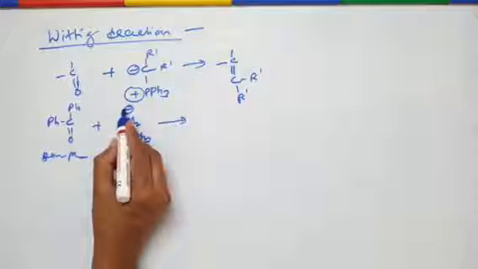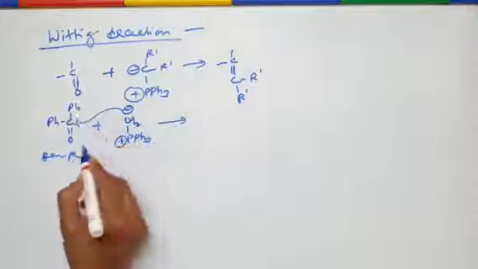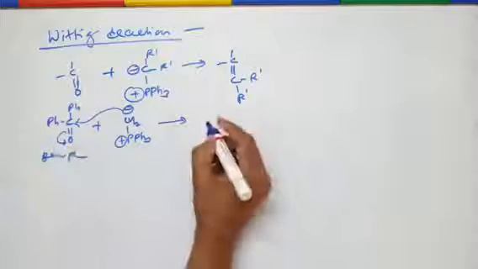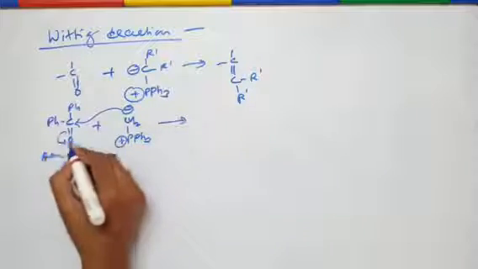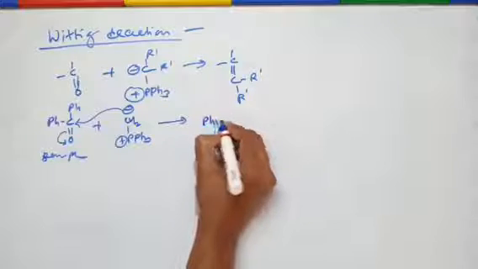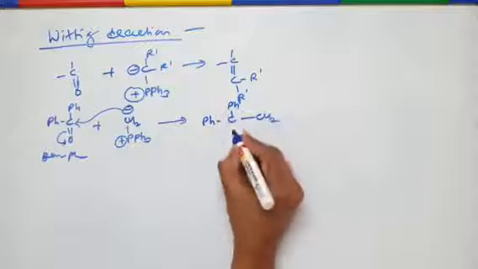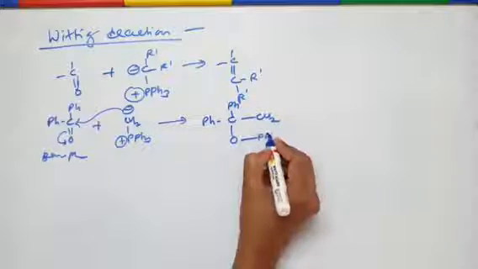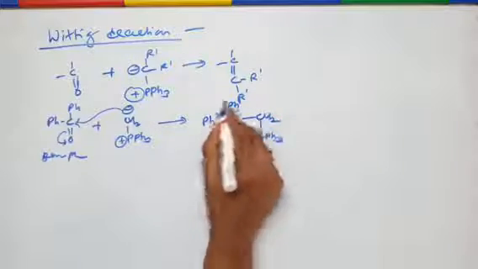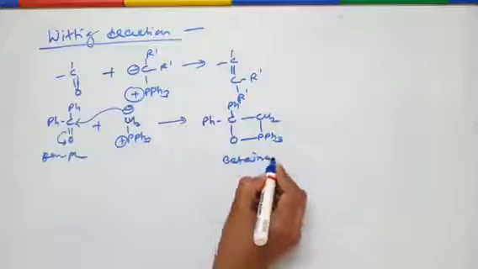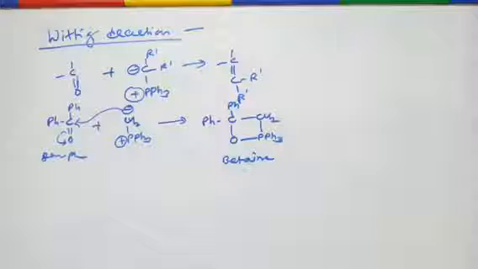This carbanion forms a bond with this delta positive carbon, while this phosphorus is electropositive, therefore it forms a bond with the oxygen. So we get the betaine ring formation. O forms a bond with the PPh3, and this four-membered cyclic intermediate is called the betaine ring. Okay, betaine is involved as an intermediate.